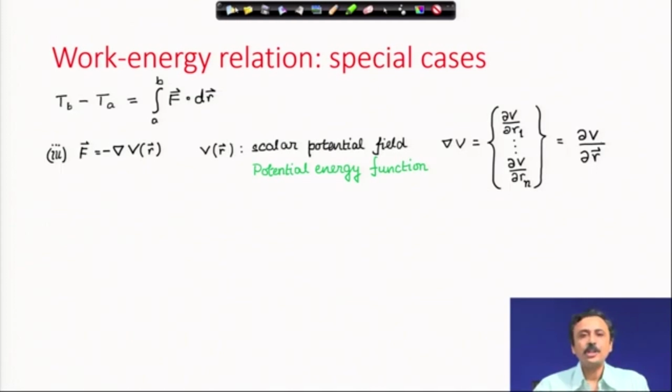This is also called the potential energy function. The gradient of the potential energy function is defined like this, as I have shown here: del V del R1, del V del R2, and so on to del V del Rn if there are n coordinates. It is also written as del V del R.